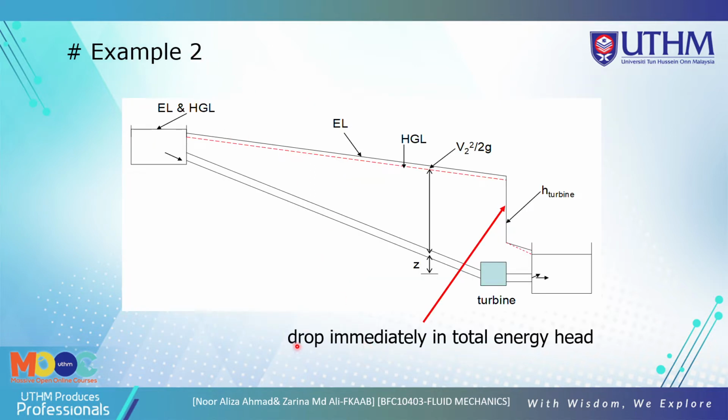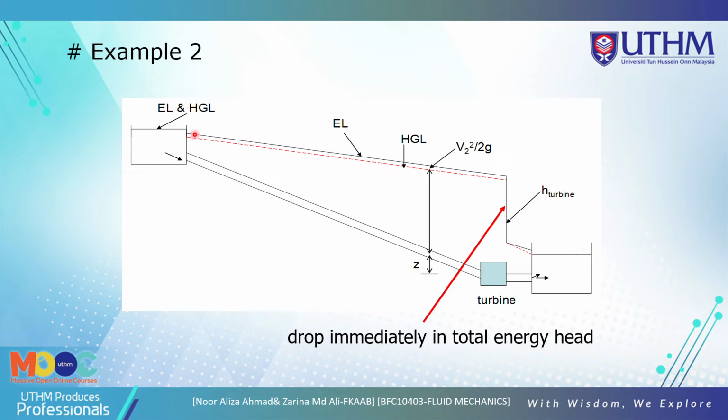Now look at example 2, which shows a sudden drop in total energy head. Water flows from the tank through this pipe and passes a turbine, this one is a turbine, and goes into the reservoir here.